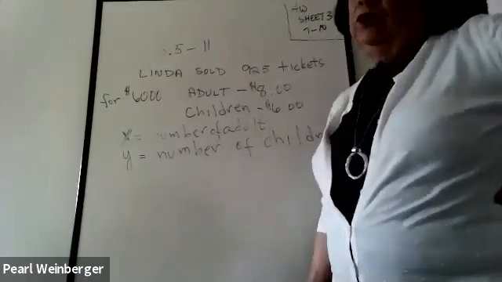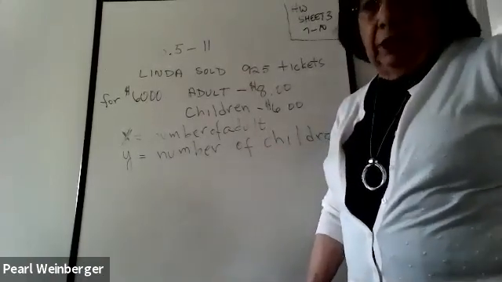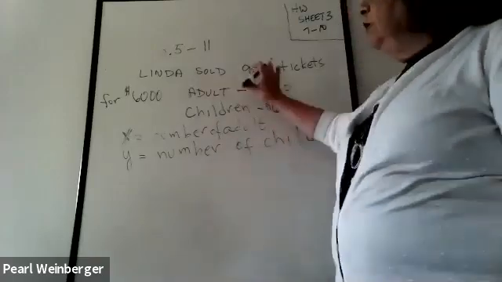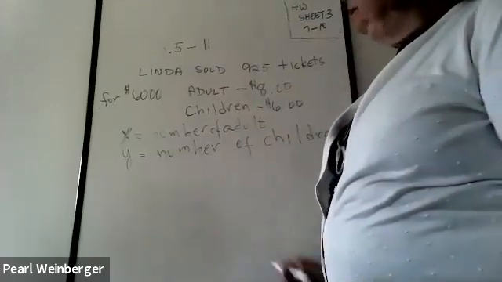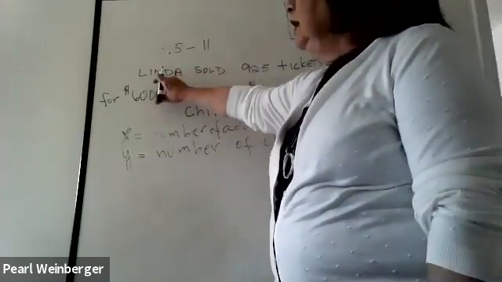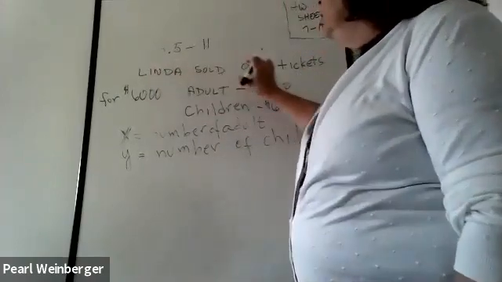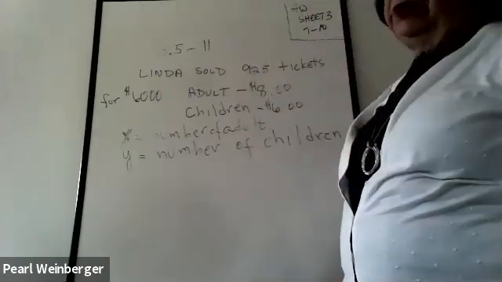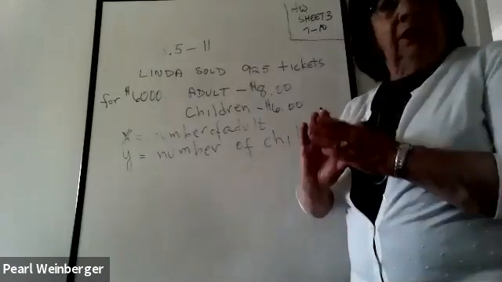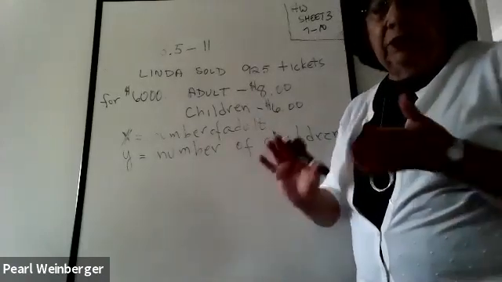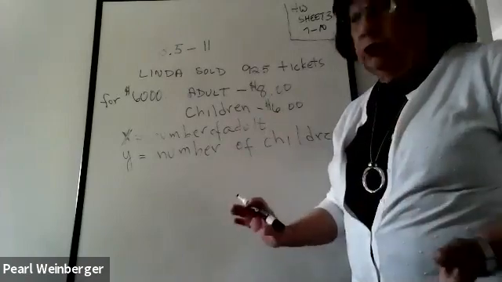Let's see if we can write a system of equations using the information that we have here. So the first thing I see is that Linda sold a total of 925 tickets. Doesn't say anything about money there. It's just how many were sold.